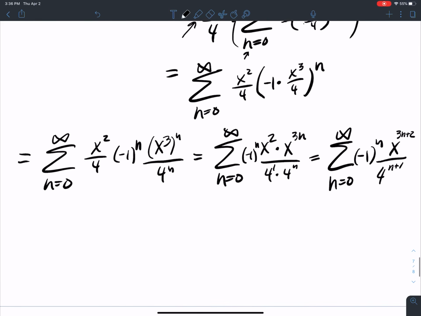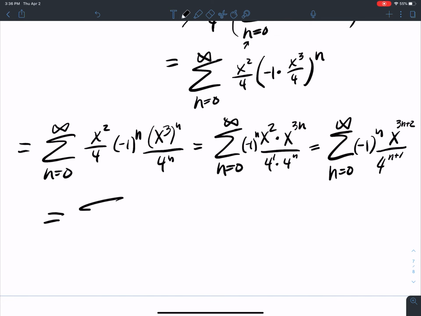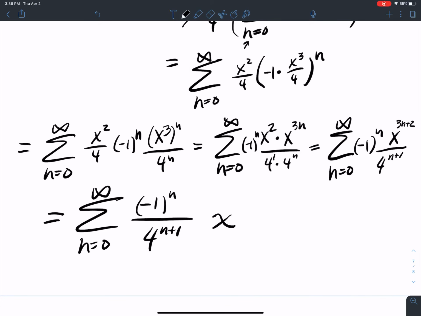Okay, so what is my series here, written a little bit cleaner? It's negative 1 to the n over 4 to the n plus 1 times x to the 3n plus 2. This is the function x squared over 4 plus x cubed expressed as a power series.